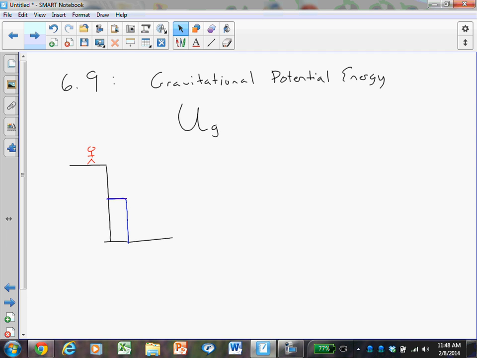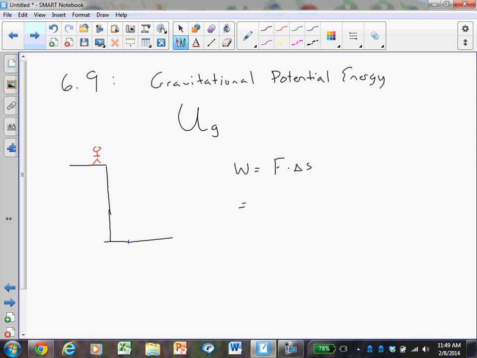So let's take this person here, and this person had to move up. Let's say we put him on a lift or something, and we had to do work to get him from the ground level up to there. So we'll just look in terms of relation to that ground level. What is the gravitational potential energy of the red person in relation to the ground level? Well, we'll start again with the work formula.